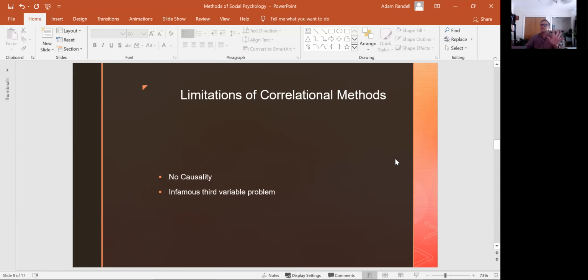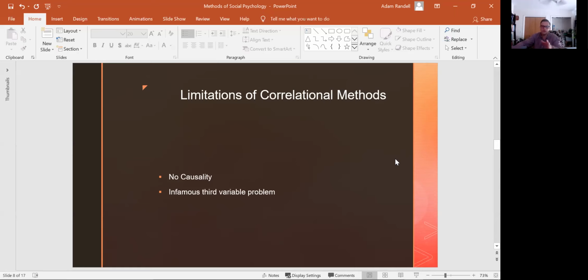It could be any number of additional variables that we have not looked at and have not assessed that could be responsible for this correlation or covariation between social support and depression. And because correlation has no capability to tell you if social support causes depression, we can't rule out any of those third variables.